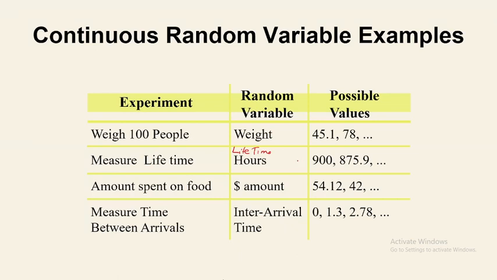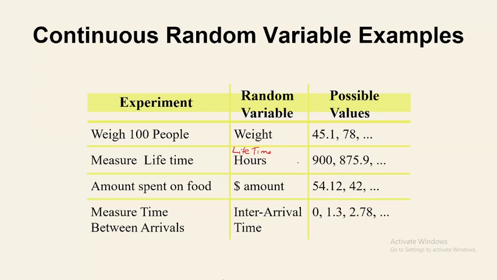But in the continuous random variable, we are measuring, not counting. Weight of a student, lifetime of a battery, amount spent on food, the time between two arrivals.